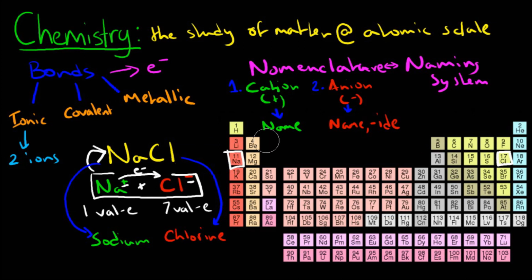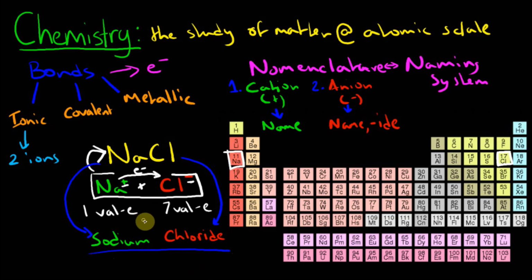So we can get rid of this INE and change it to an IDE. Now we have sodium chloride, right? That is the name of this compound. So NaCl and sodium chloride are interchangeable, all right?